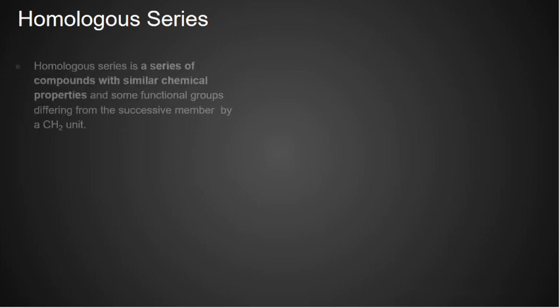Okay, so let's talk about the homologous series. A homologous series is a series of compounds with similar chemical properties and the same functional group, differing from the successive member by a CH2 unit, or what we call a CH2 group. Now let's explain.